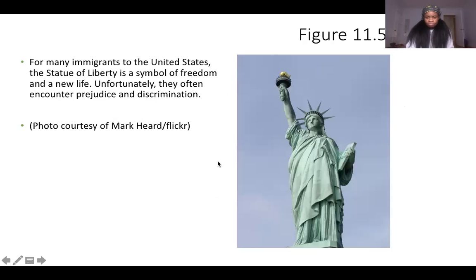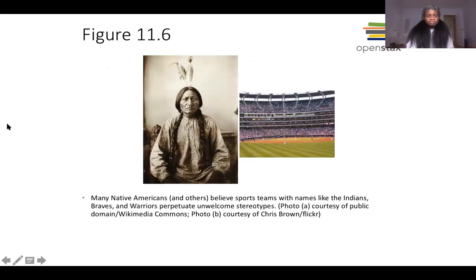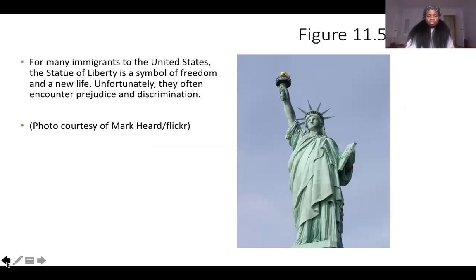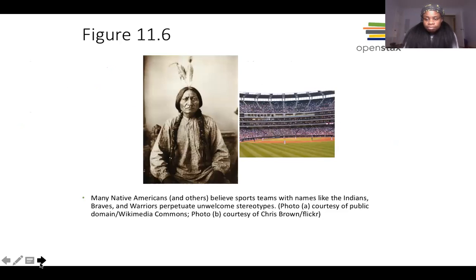So there are a couple of figures towards the end of the chapter. Should I get into assimilation? I will leave assimilation for later on. I'll just catch up on it later. But there are a couple of figures in the remaining chapter. Please go through them.